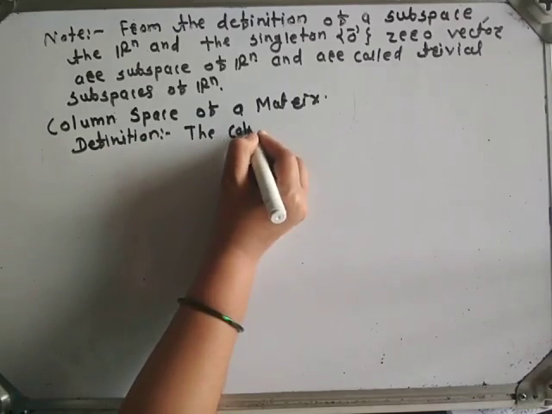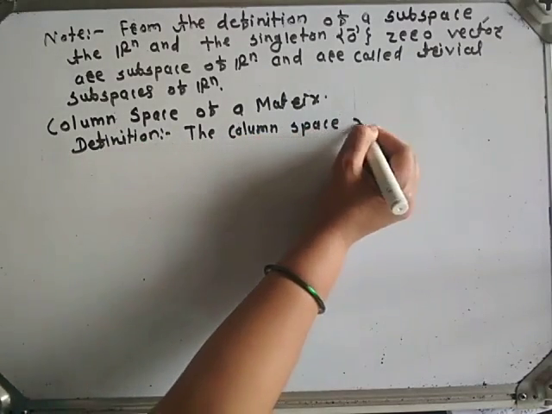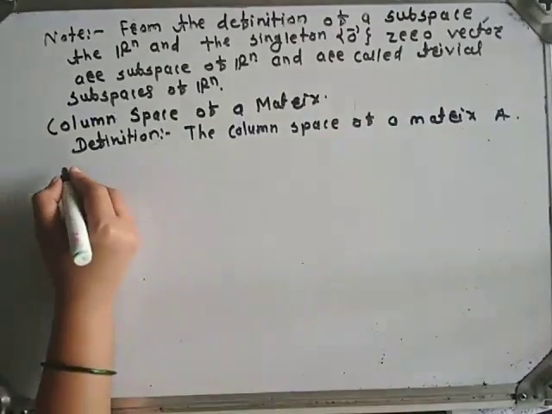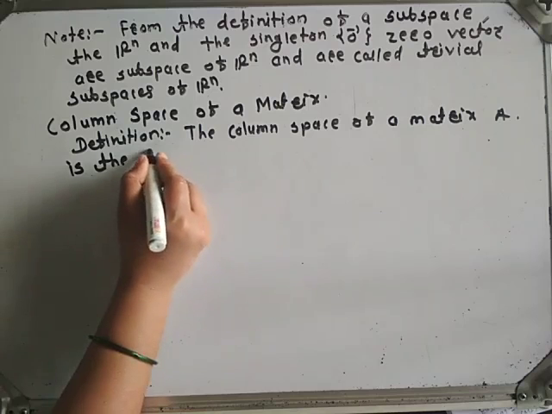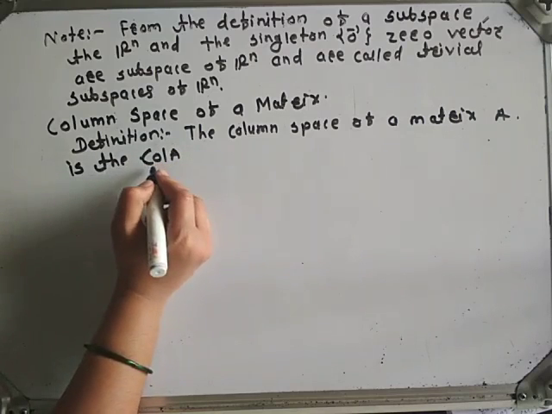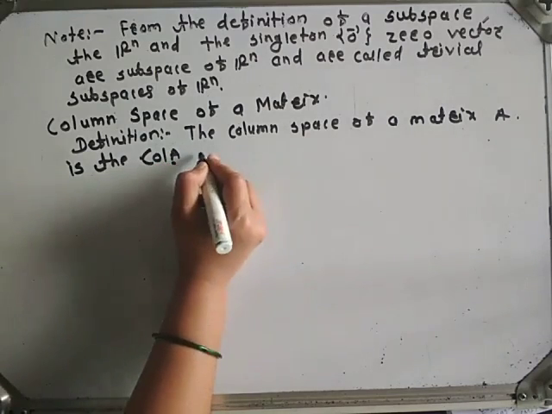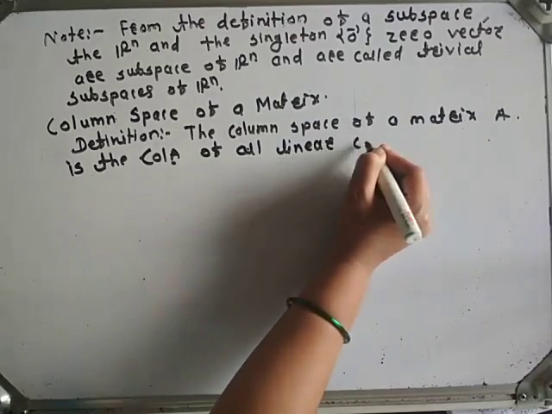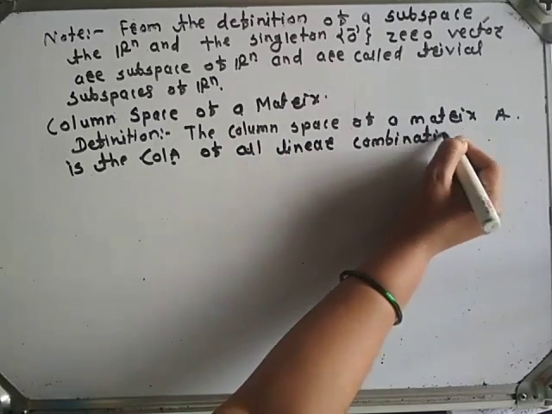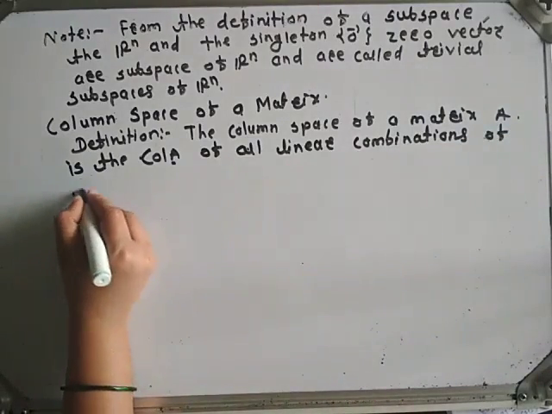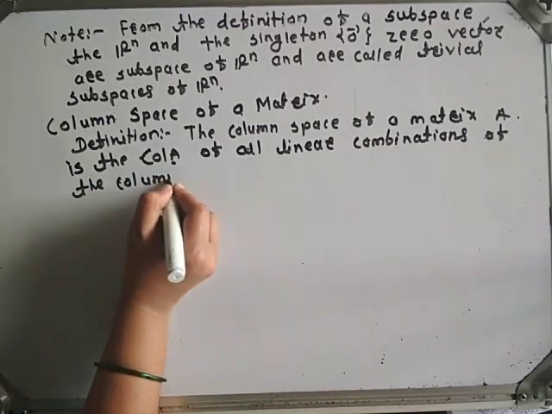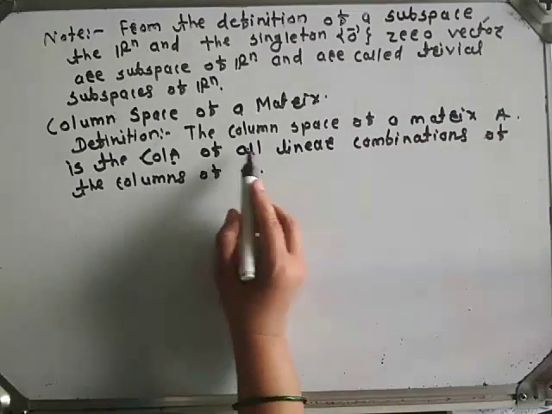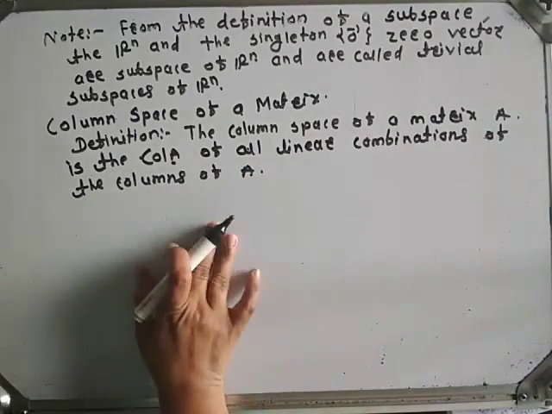The column space of a matrix A, denoted by Col A, is the set of all linear combinations of the columns of A. The column space of matrix A is the linear combinations of columns of A.